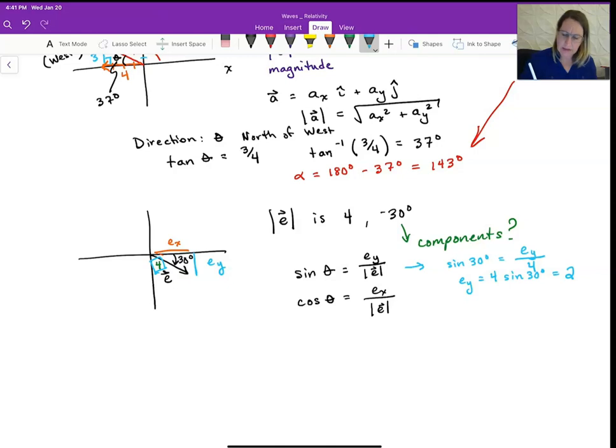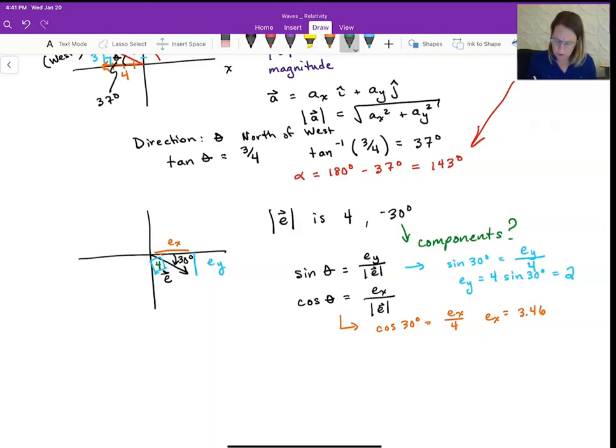And EX, we'll do that one the same way. Cosine of 30 degrees is equal to EX over 4, or EX is equal to 4 times cosine of 30, and that turns out to be 3.46.